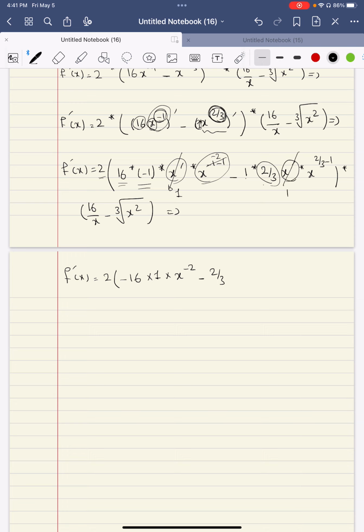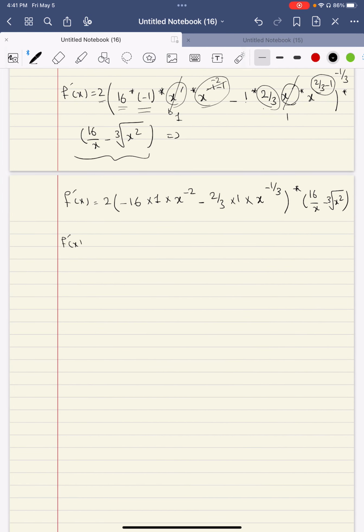X prime is 1 times 1 times 2 over 3 minus 1, which is minus 1 over 3. So x to the power of negative 1 over 3, close the bracket, times the rest, 16 over x minus the cube root of x to the power of 2.